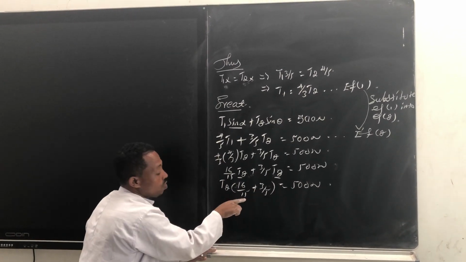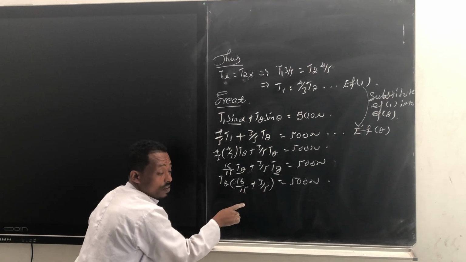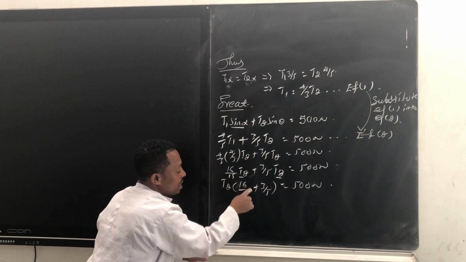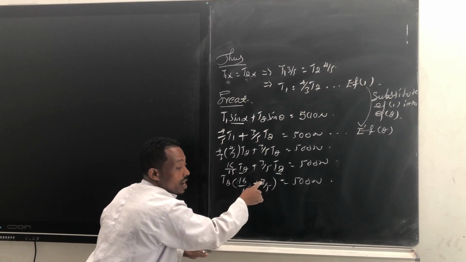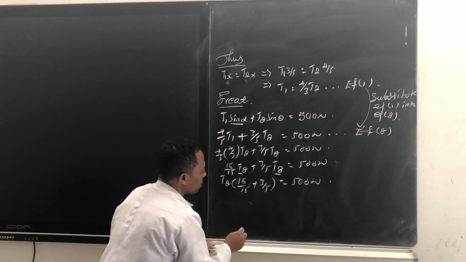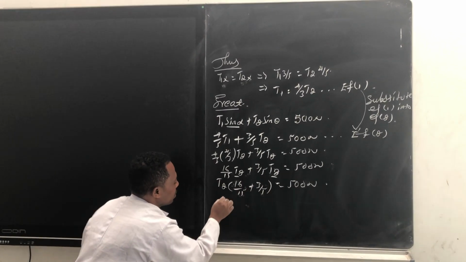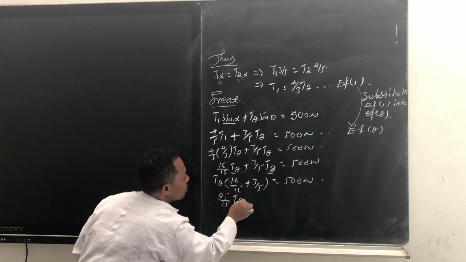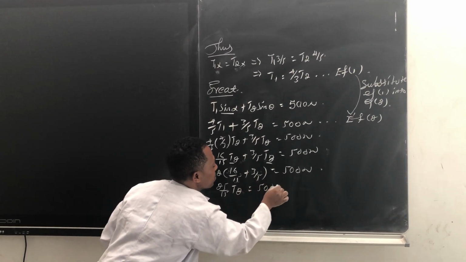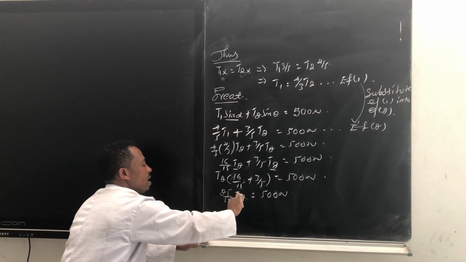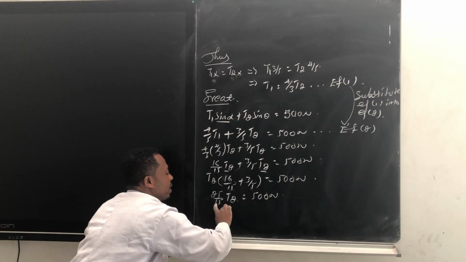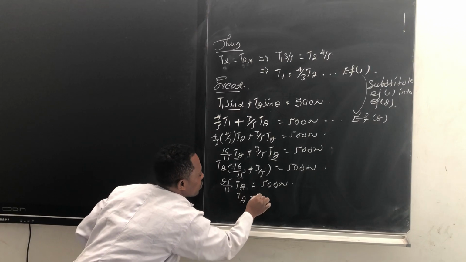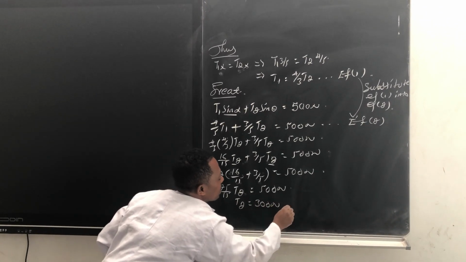Now, the least common multiple of 15 and 5 is 15. 16 plus 9 is 25 over 15, so 25 over 15 T2 equals 500 Newton. Dividing 500 by 25 gives 20, times 15, T2 becomes 300 Newton.